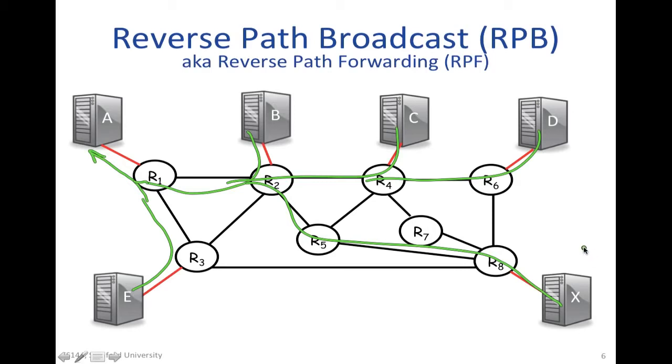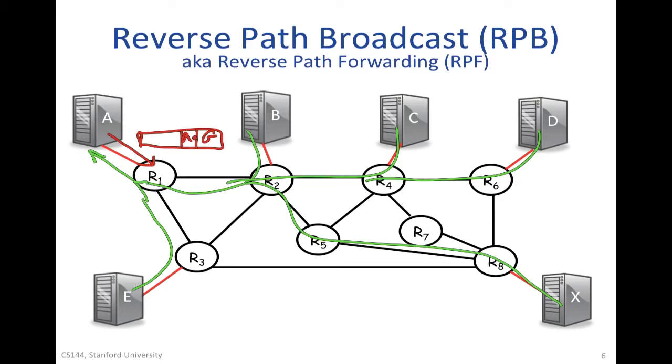First let me describe the broadcast case, which is like flooding but without the loop packets lasting forever. So imagine now that A is sending a packet to everybody else, and that packet is going to have an address in it, and I'll talk about the addresses later. It's going to have a group address corresponding to who it's sending to, but it'll have the source address A in it.